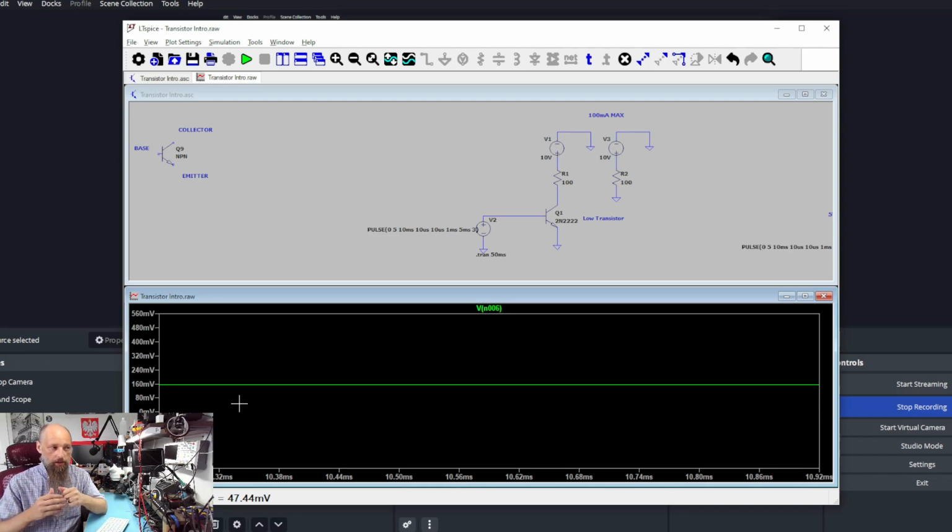However, we drop to only 160 millivolts, which is close enough. It can be considered that we're allowing this full current to flow, but in this case, since our transistor has some resistance, this is a voltage divider, not a switch.